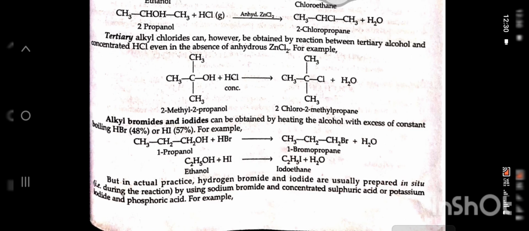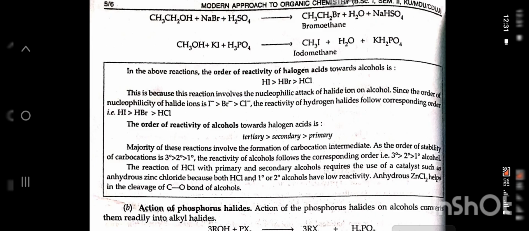But in actual practice, hydrogen bromide and iodide are usually prepared in situ during the reaction by using sodium bromide and concentrated sulfuric acid, or potassium iodide and phosphoric acid. For example, CH3CH2OH plus NaBr plus H2SO4 gives bromoethane plus H2O plus NaHSO4. CH3OH plus KI plus H3PO4 gives iodomethane plus H2O plus KH2PO4.